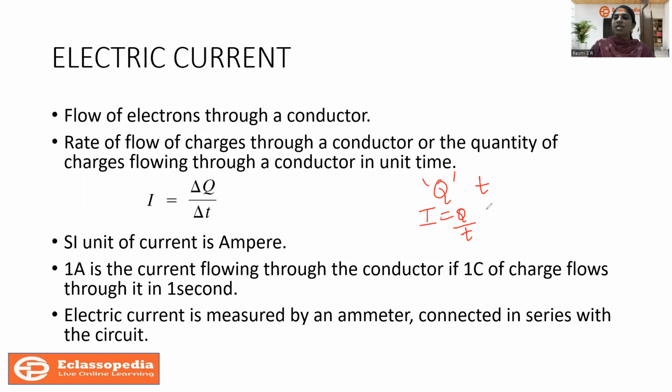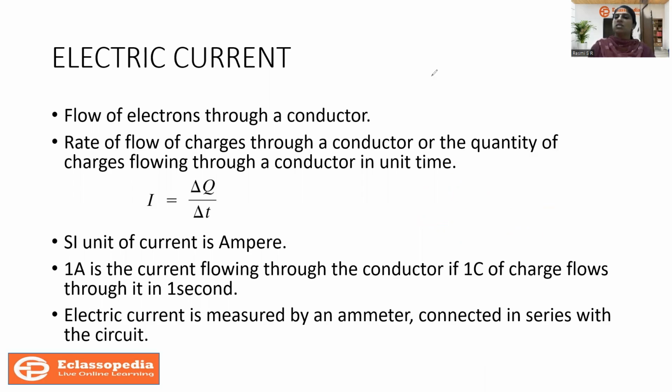I is the current in ampere, Q is the charge in coulomb, and t is the time in seconds. So 1 ampere electric current is produced in a conductor when 1 coulomb of electric charge flows through the conductor in 1 second. So, electric current is the rate of flow of electric charges or electrons.